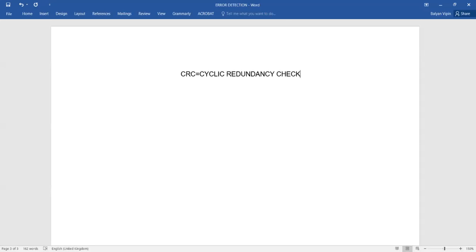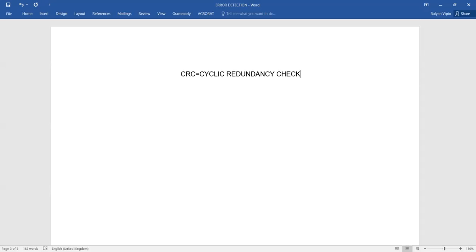In this method, a generator matrix is used, and before sharing any information, the receiver and transmitter decide what their generator matrix will be.